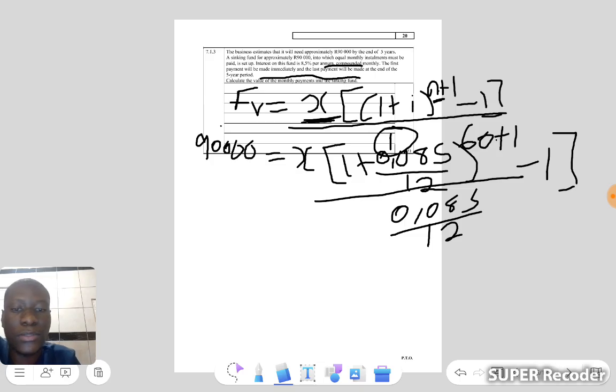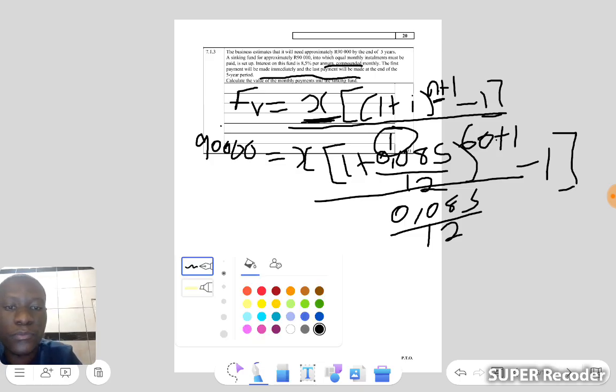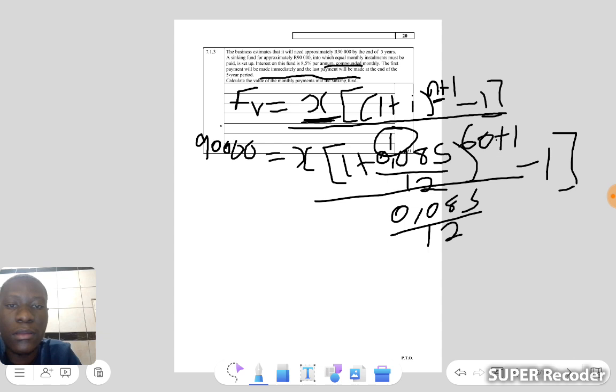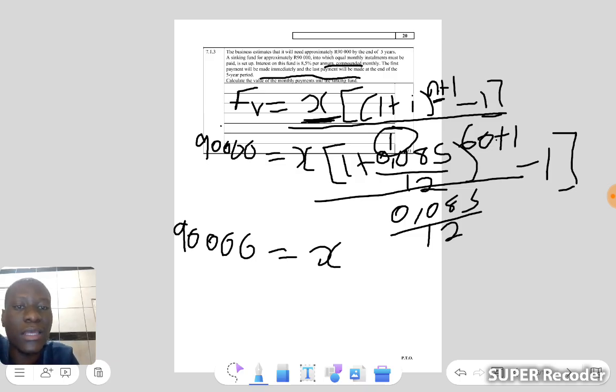So 90,000 equals X. When we simplify all these things, what we will have left is 75.9697.